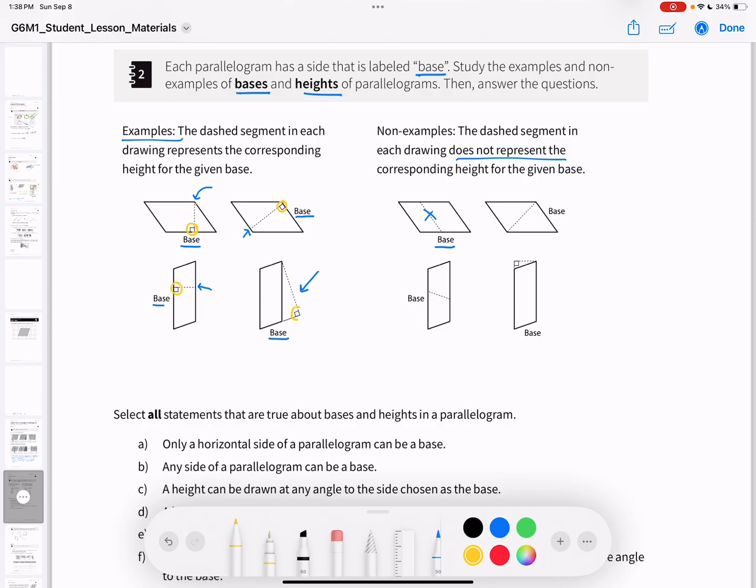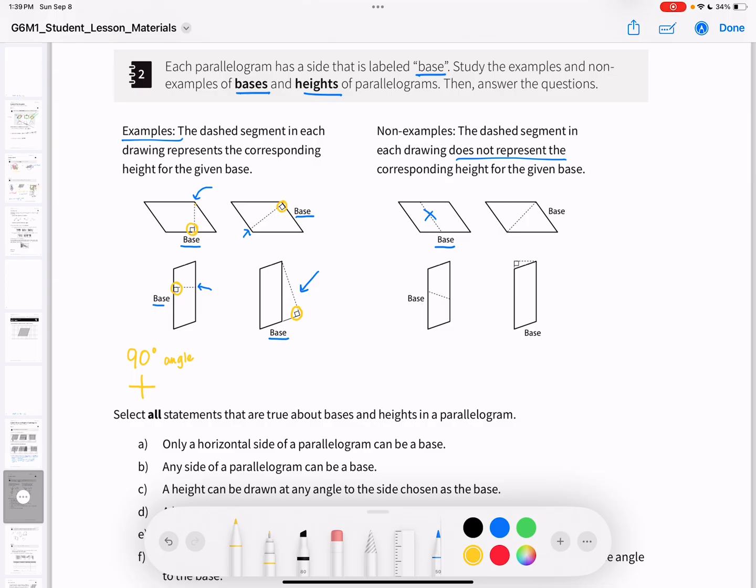And if you remember from last time, this square means that it is a 90-degree angle. In order for it to be a height for that base, it has to hit at a 90-degree angle, which means they are perpendicular. They cross at a 90-degree angle.